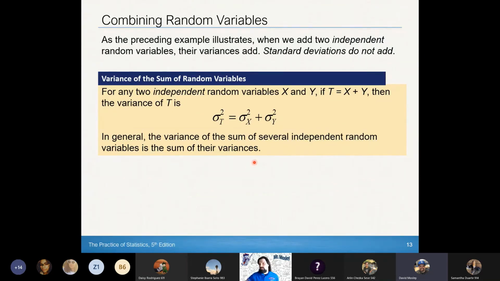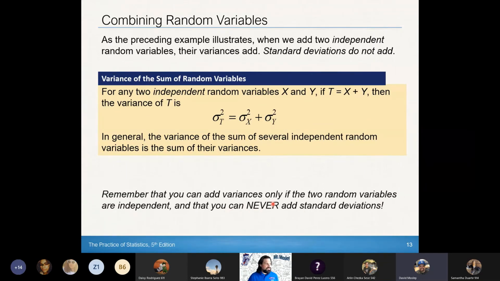So even if I had 3 or 4 random variables that I was adding, I can find the variance of the total by adding the 3 or 4 different variances. So I don't have to do all of that calculation with the probability distribution and all that stuff. If I know they're independent, I can just add them up, save some time.